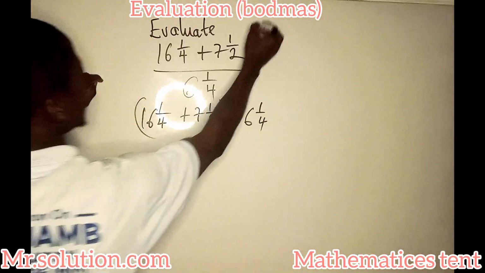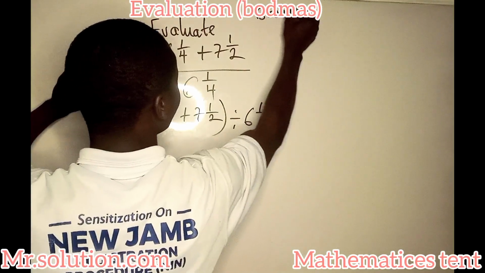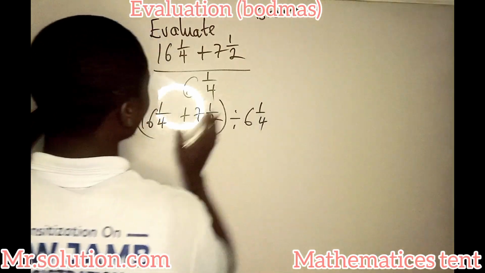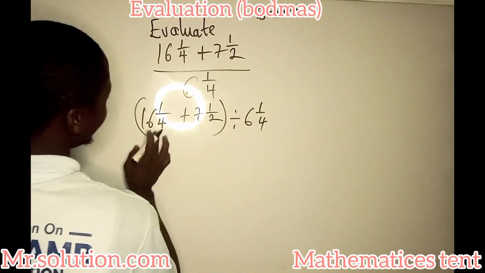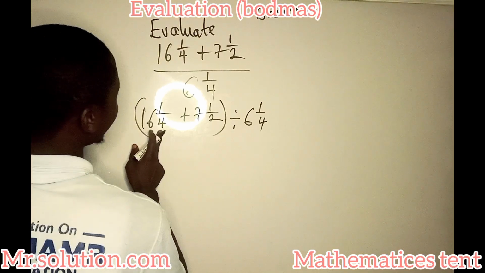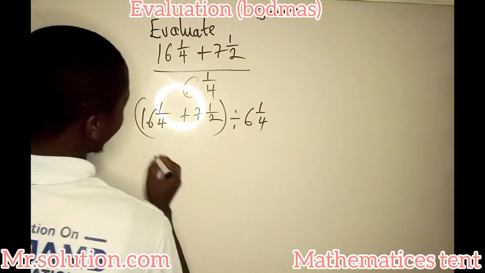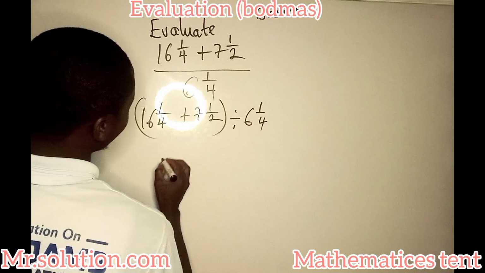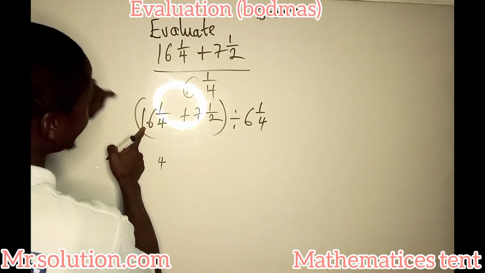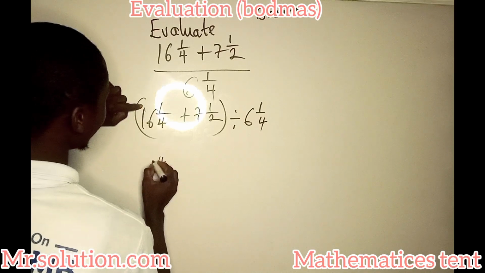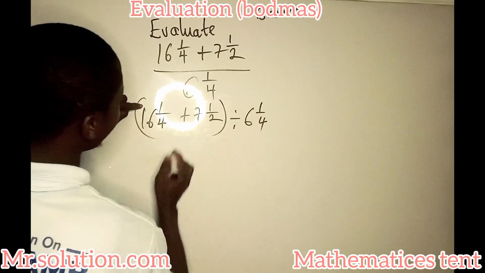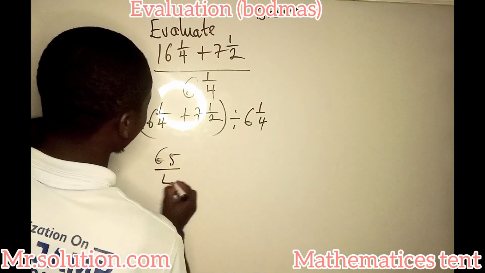Now, according to BODMAS, we are going to make use of it. We can see that we have addition, so we are going to work on this first of all. To do that, we convert these two to improper fractions. 4 times 16 is 64, plus 1 gives us 65 all over 4.